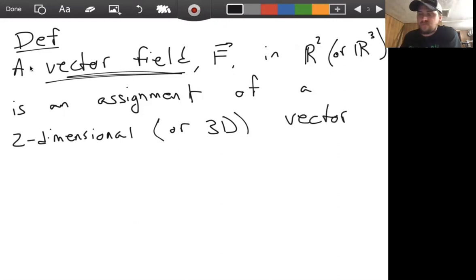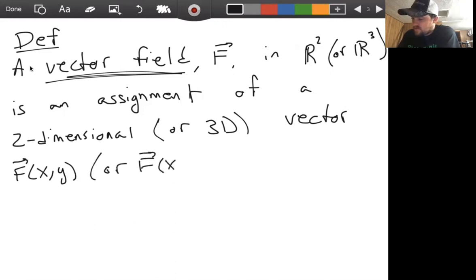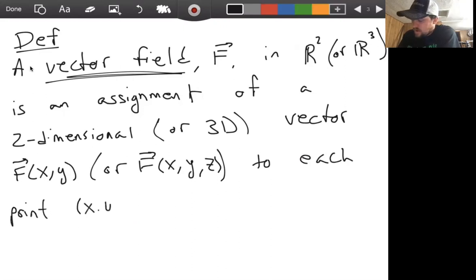So it's an assignment of a vector to each point, and we'll call this vector f of xy, or in the three-dimensional case f of xyz, vector to each point x and y.